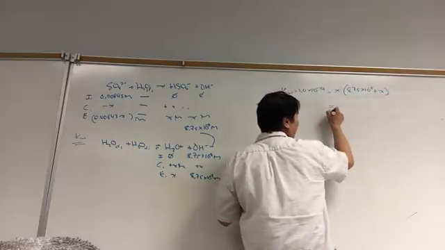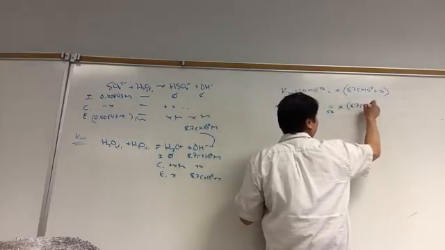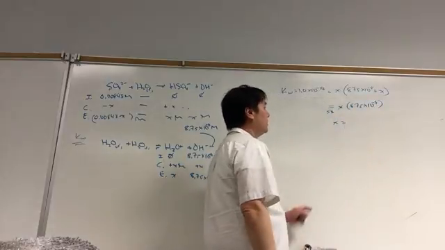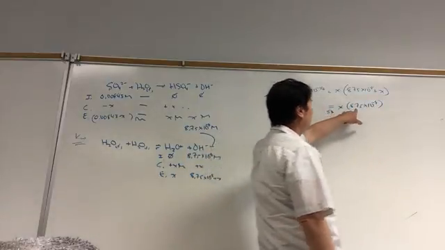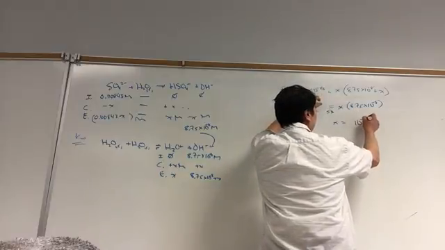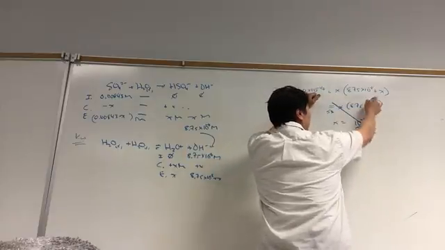You know, just try the simplifying assumption. If it works, great. If it doesn't, it's okay. That means x is going to be 10 to the minus 14 divided by about 10 to the minus 7. This is about 10 to the minus 8, which is too big.